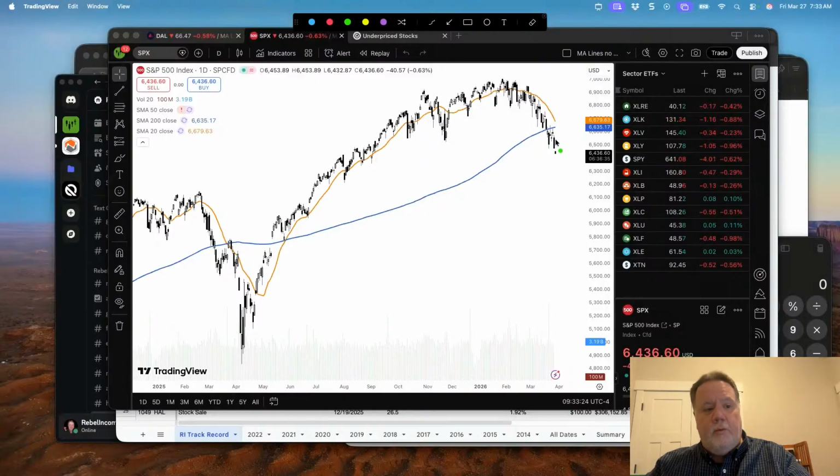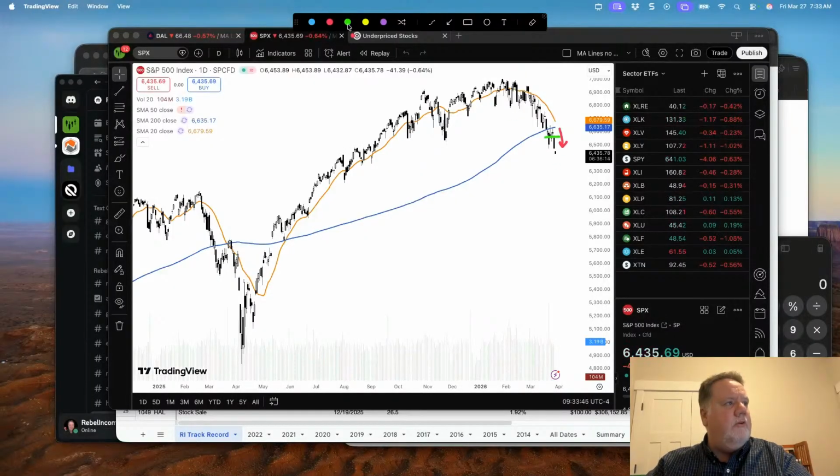Now, last week when we looked at the market, we were looking at it up here in this range, just a little bit below the 200-day moving average, and talking about it sitting at around support at that level. And clearly, what we're looking at here is a little bit of a breakdown, especially in the last couple of days, where we've dropped below that.